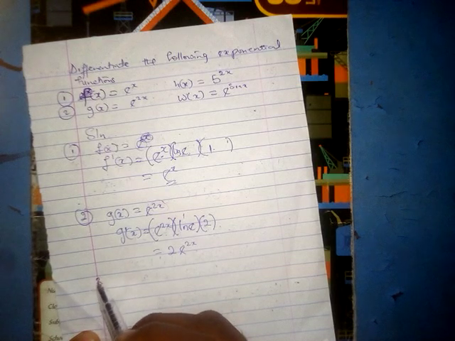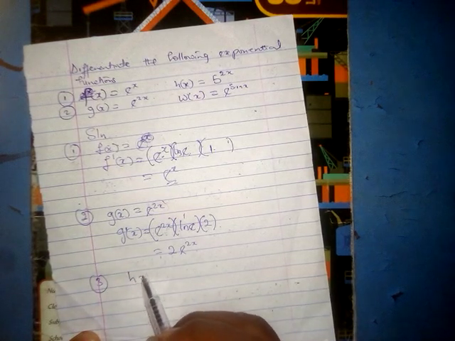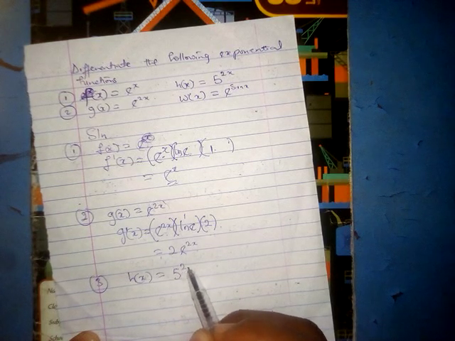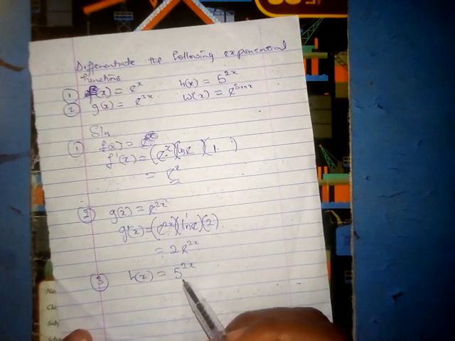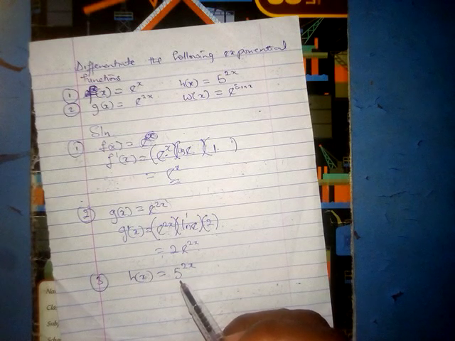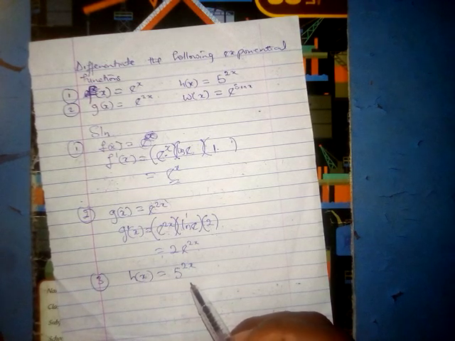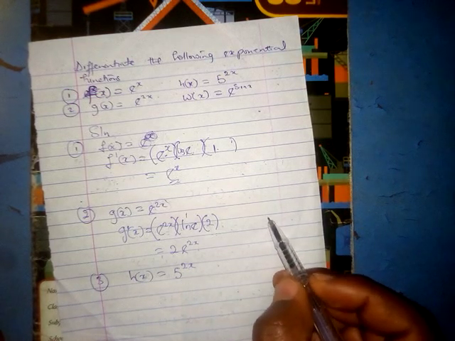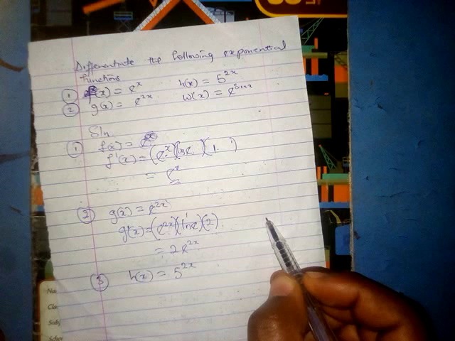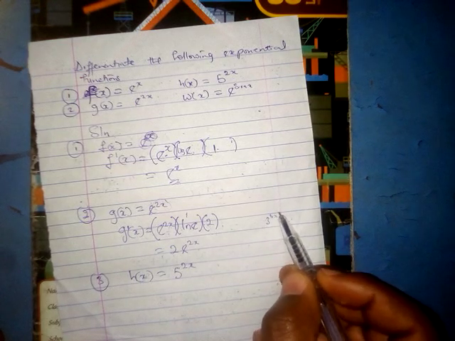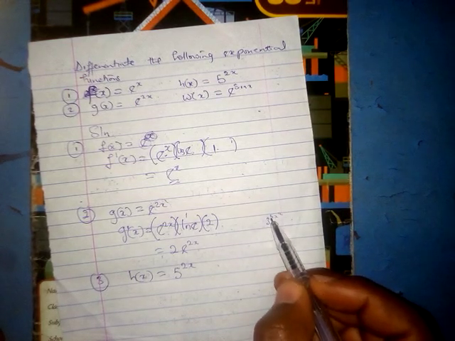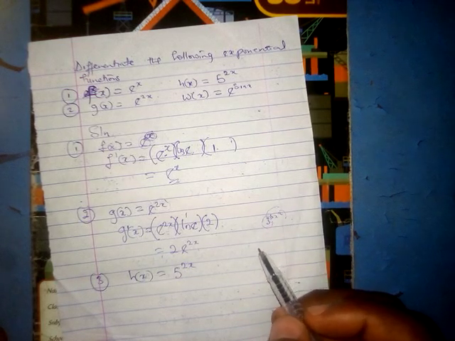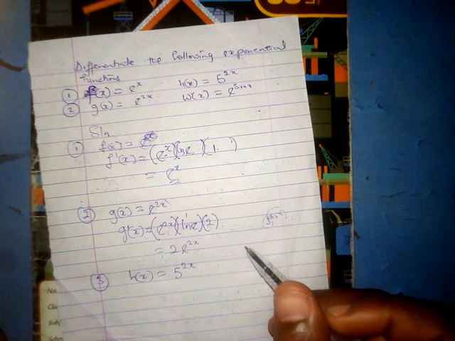Number 3 says h of x equals 5 raised to the power of 2x. In the first two examples, we had e. This is a different one that involves 5. You can also have, maybe, 3 to the power 5x squared, it doesn't matter, so far as the base is a constant and the power is a function of x, then it is an exponential function.